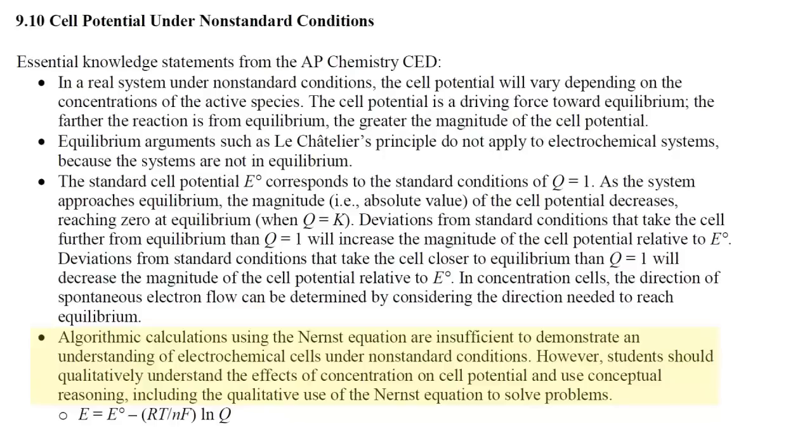So at the bottom of this slide, you can see that's actually the Nernst equation right there. In question 9 in this packet, you will definitely have the opportunity to use conceptual reasoning and qualitative use of the Nernst equation to solve problems.